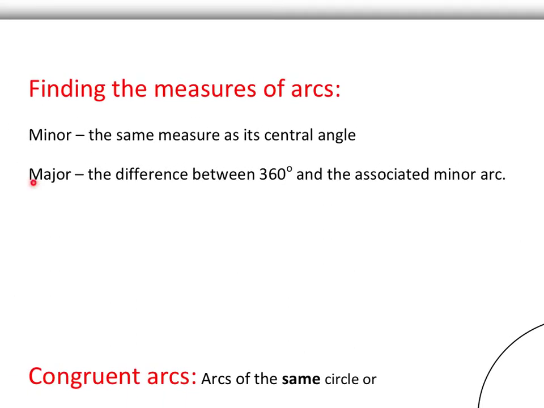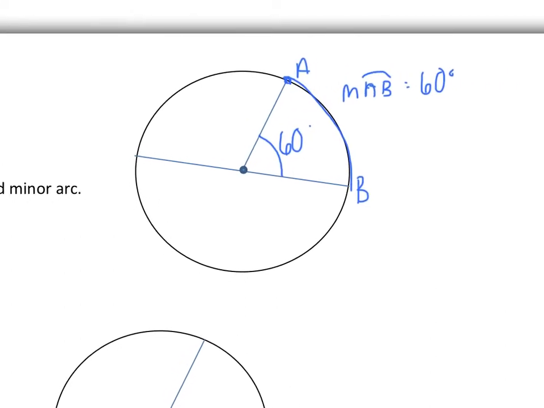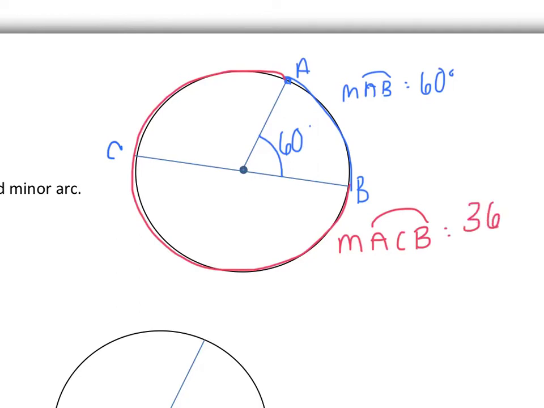However, a major arc is the difference between 360 and the associated minor arc. So in the same example, here's point C. The major arc I'm going to go over in pink. This major arc, ACB, is equal to 360 degrees.